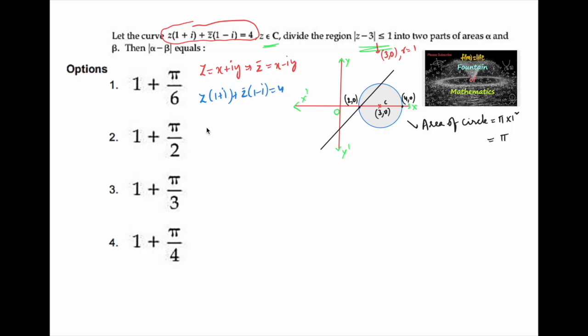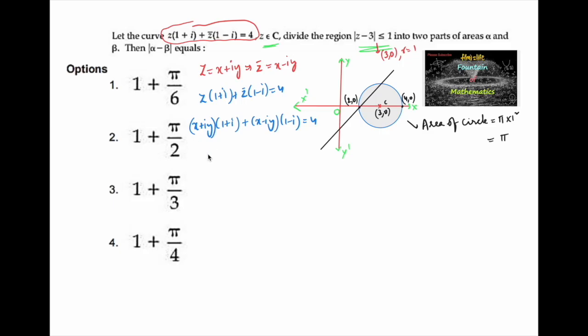So we can write x plus iy times of 1 plus i and x minus iy times of 1 minus i, which is equal to 4.